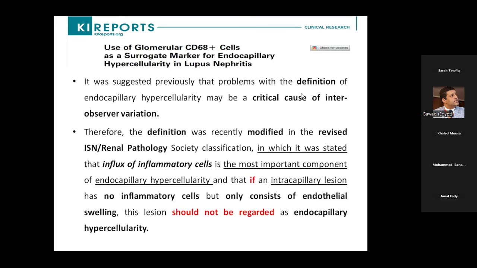Endocapillary proliferation, endocapillary hypercellularity, the endocapillary away from the mesangial area. But if no inflammatory cells, this will not be regarded as endocapillary hypercellularity.